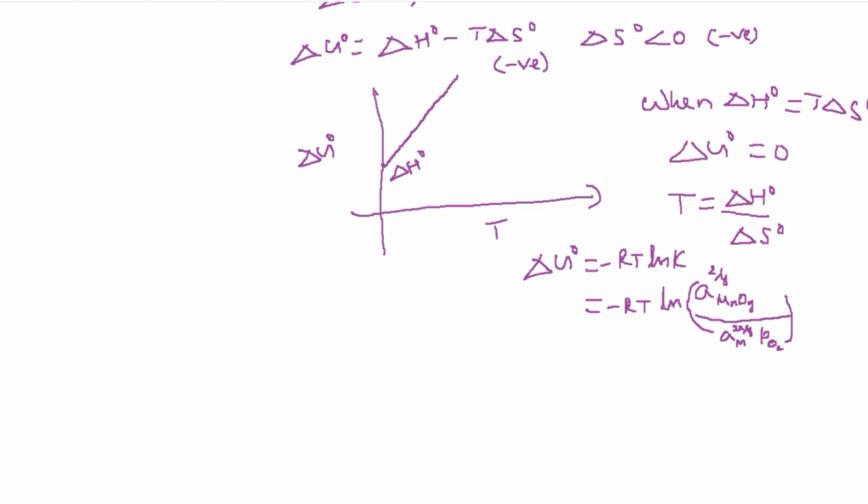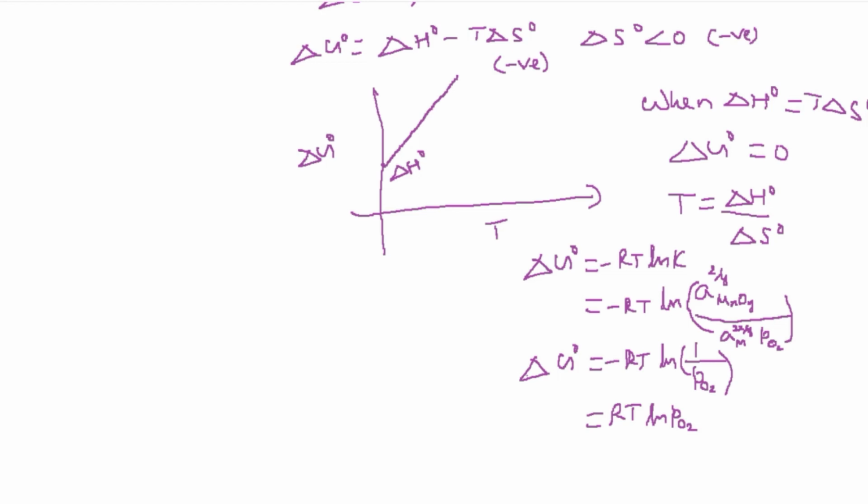Therefore, this expression is now written as delta G naught equal to RT log partial pressure of oxygen.